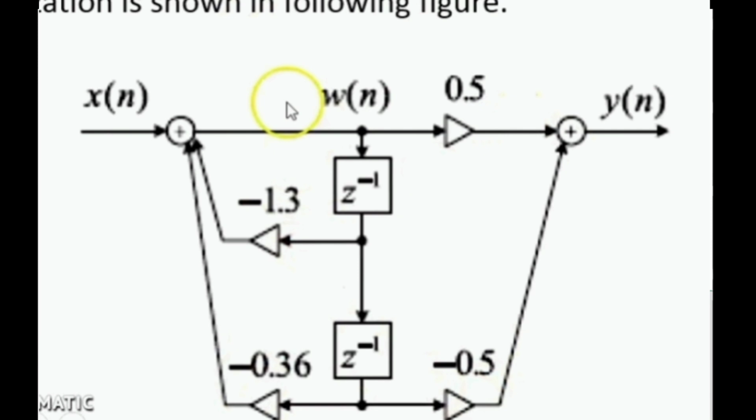In direct form 1 you have 4 z power minus 1 elements, but in this one you have only 2 z power minus 1 elements, and the number of additions also increased, instead of 1 I am using 2.